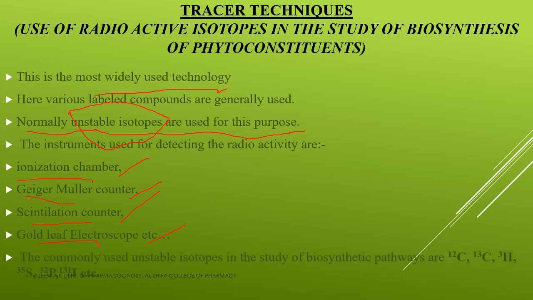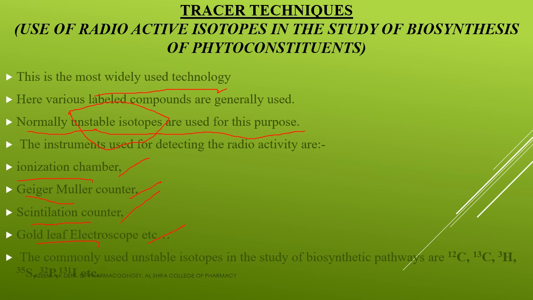Okay, then the last thing you have to know is the different unstable isotopes that are used in the elucidation of these biosynthetic pathways. We already studied that in this method, unstable radioactive isotopes are used for studying biosynthetic pathways.